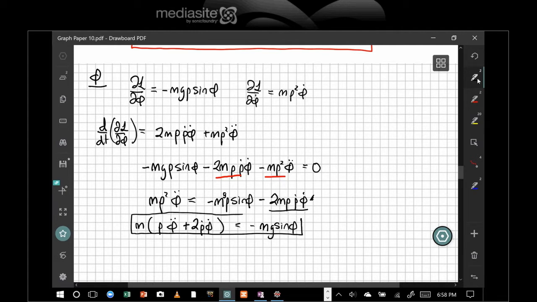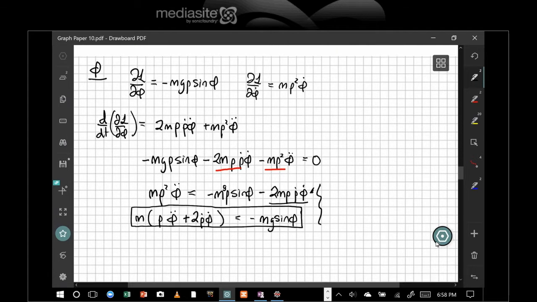Now you may say, well, that looks complicated, but actually it is not. In fact, this is one problem where in some respects it looks complicated, but we could have used Newton's equations and got this from the start. Remember, the acceleration a is equal to, and we derived this, rho double dot minus rho phi dot squared in the rho hat direction, plus rho phi double dot plus 2 rho dot phi dot in the phi hat direction.